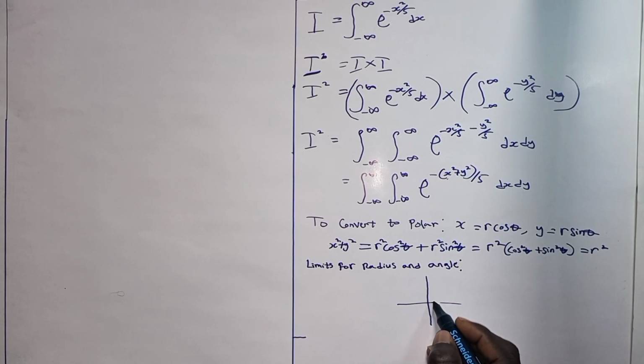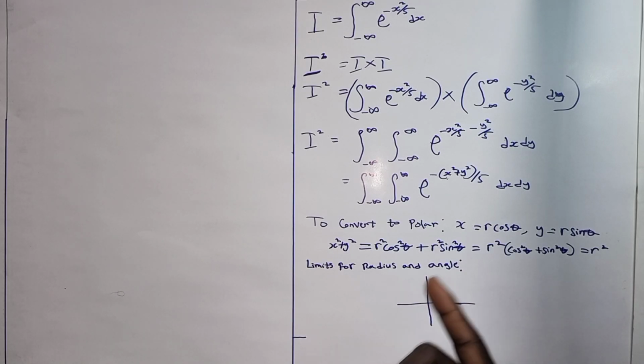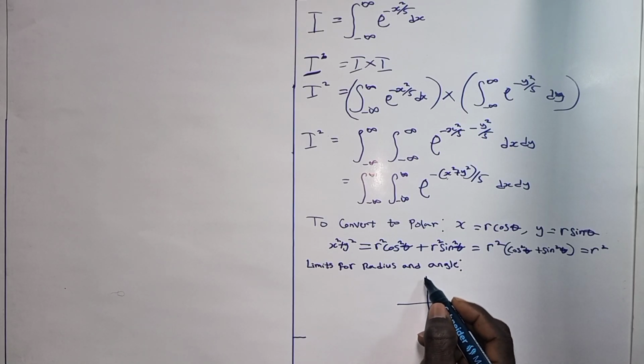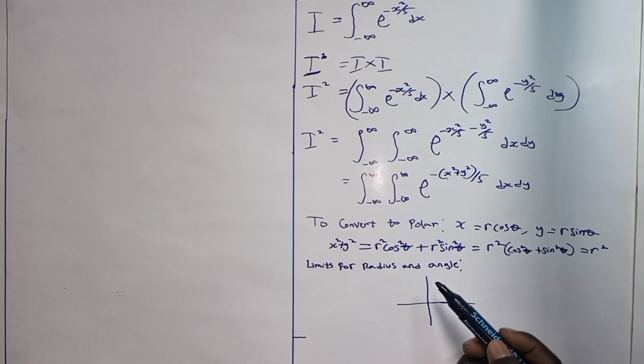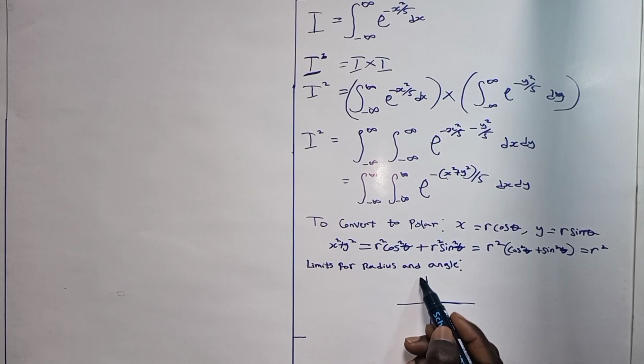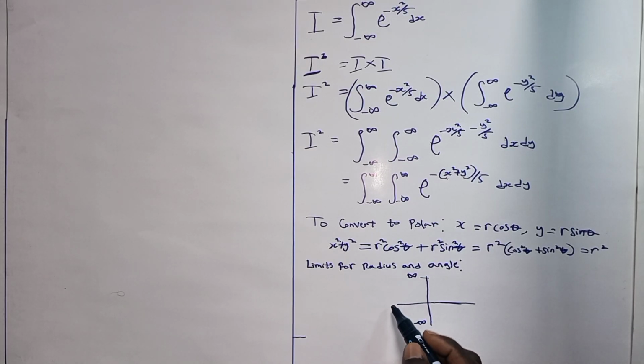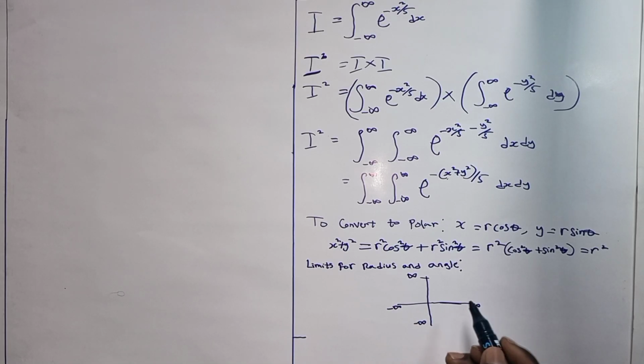We know y goes from negative infinity to infinity. Infinity means something that is unending, that has no end. So let's assume this is my infinity here, then this is my negative infinity. Then for x as well, same thing.